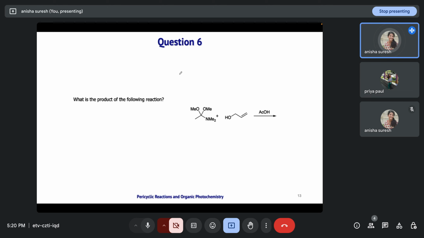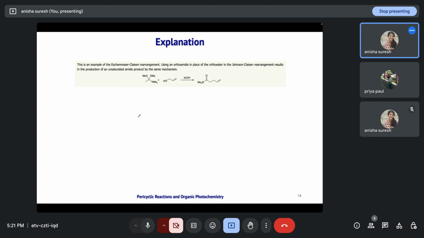Okay, okay. So this is known as the Eschenmoser-Claisen rearrangement. Okay. So let us see how the mechanism is taking place.